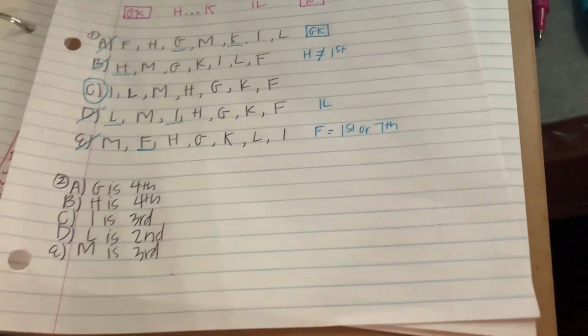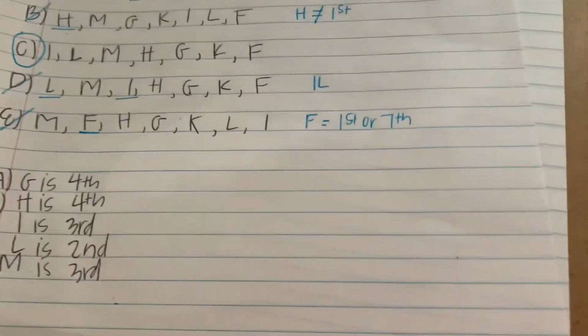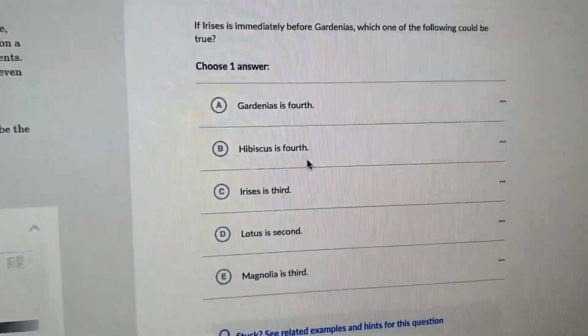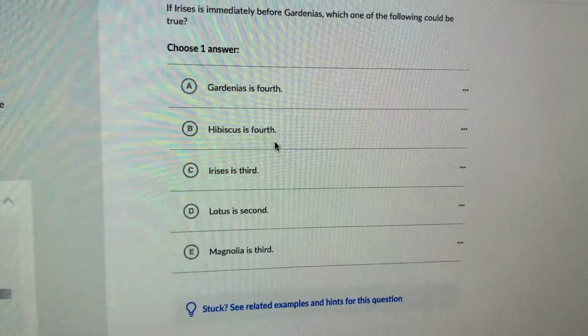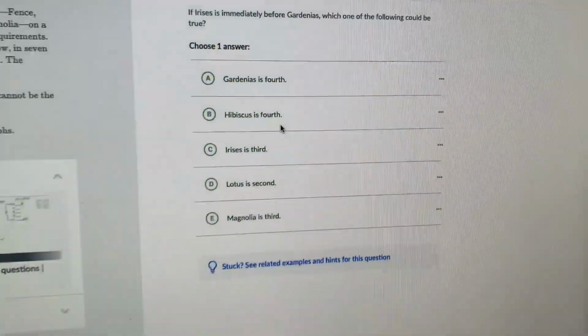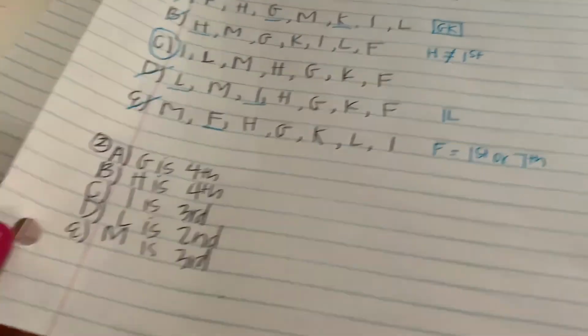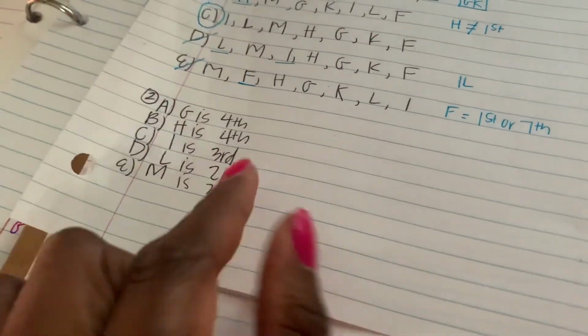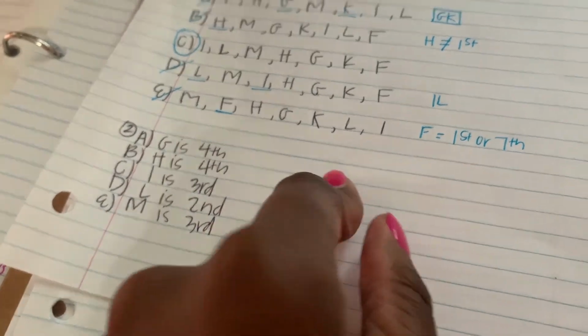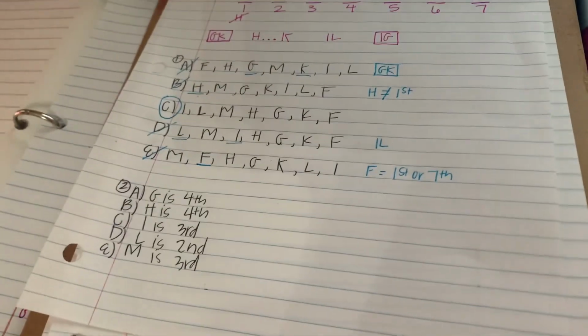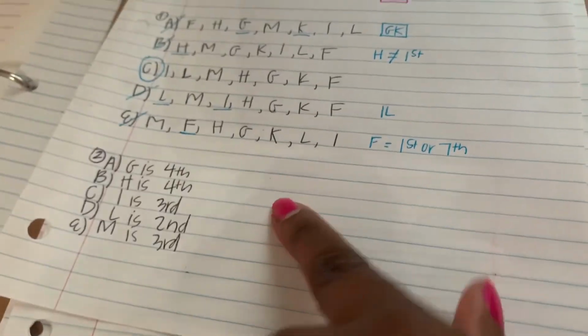Okay, I'm going to read it again because I have to read the question 50 million times. If irises is immediately before gardenias, which one of the following could be true? I don't know how I'm supposed to go through this without actually working it out.